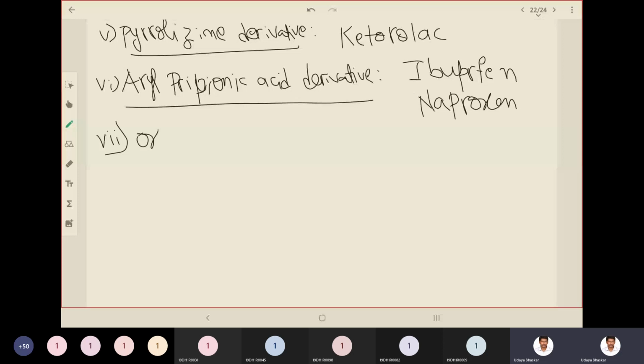The seventh category is oxicams. Example is piroxicam. This is one of the drugs everyone will have in memory. Why?